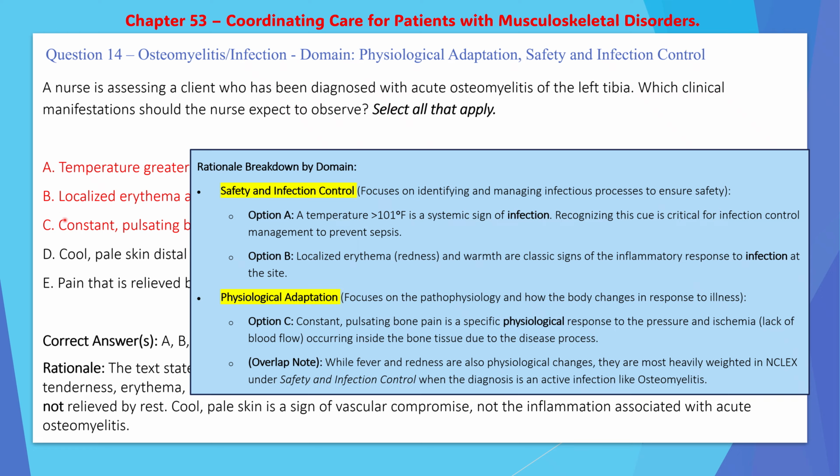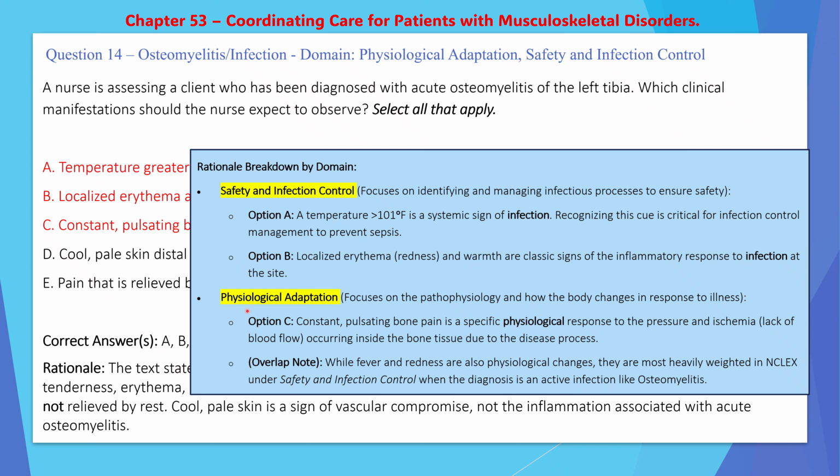So option C, constant pulsating bone pain, is a specific physiological response to the pressure and ischemia, the lack of blood flow occurring inside the bone tissue due to the disease process.